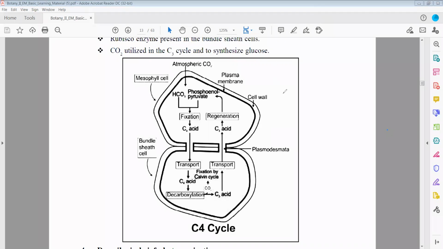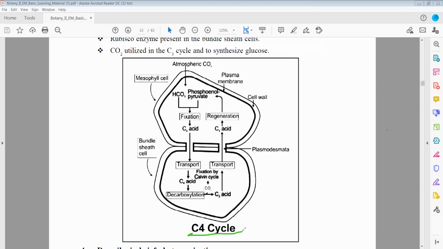I will explain it pictorially, and this is most important. This picture indicates the C4 cycle, which was discovered by Hatch and Slack. Hence, this cycle is also called the Hatch-Slack cycle, or the C4 pathway. It is called the C4 pathway or C4 cycle because in these plants, the first stable product is a 4-carbon compound, that is oxaloacetic acid.